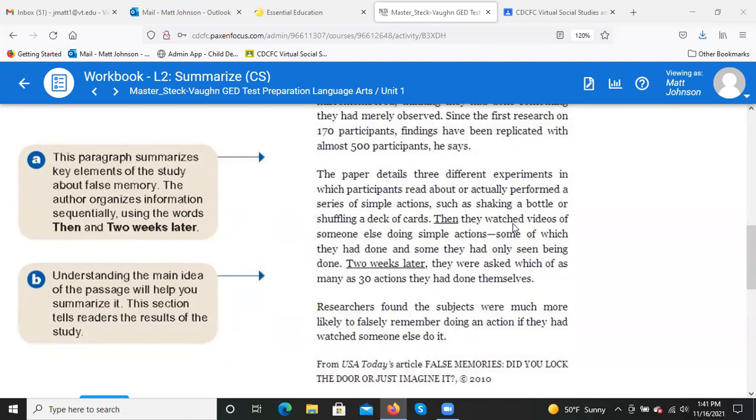And then our second text box: understanding the main idea of the passage will help you summarize it. This section tells readers the results of the study. And that's good writing, which also makes it easier to summarize and review. Poor writing, sometimes it's hard to get through.